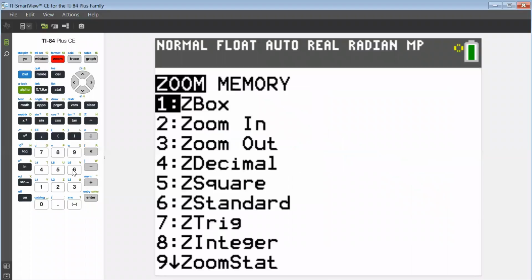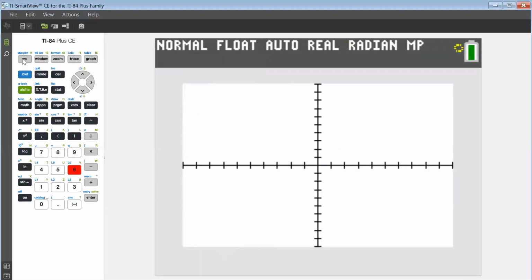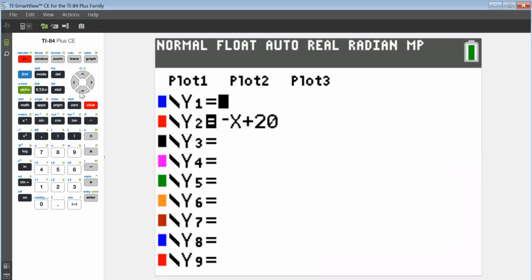And I'm going to go back to Zoom 6, which gives me a standard window. Go to y equals and clear out what's there. And I'm going to type in negative 4x plus 2 and x minus 3.